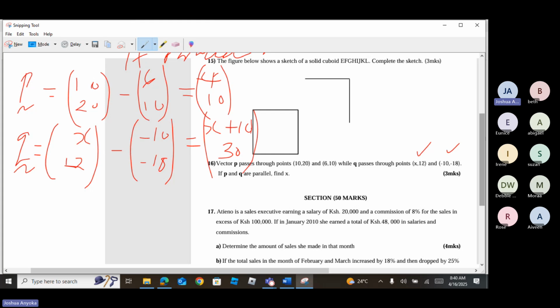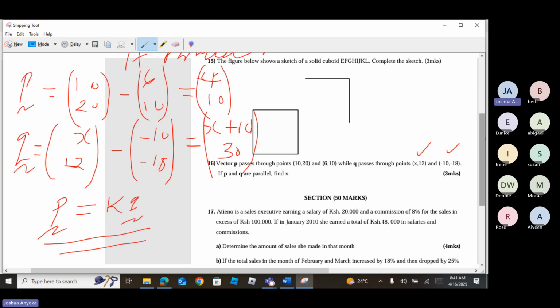If the two vectors are parallel, then we can have vector P is equal to KQ. If they are parallel, one vector can be expressed as a scalar multiple of the other vector.